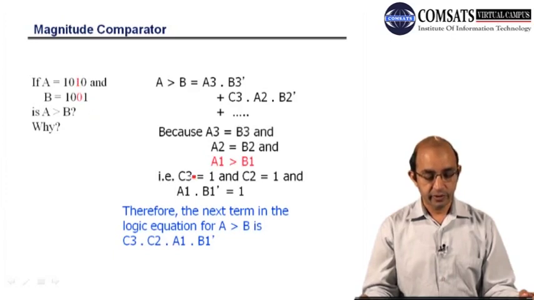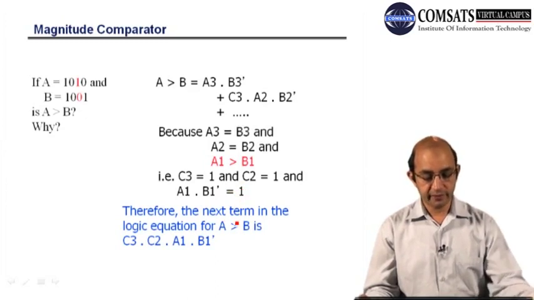So c3 is equal to 1 and c2 is equal to 1. And here a1 dot b1 complement, because here we have a 0, so we take the complement in order to make them equal. Then we will have a 1.